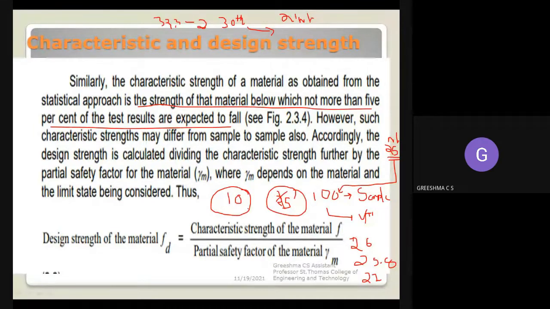So that is called characteristic strength: the strength of the material below which not more than 5% of the test results are expected to fall. So this is a very important term.